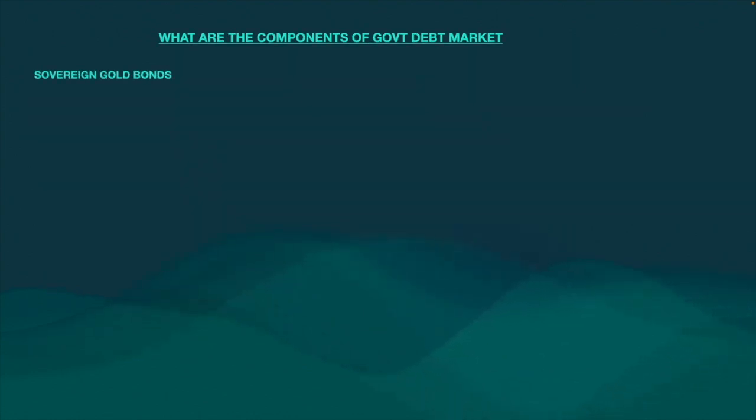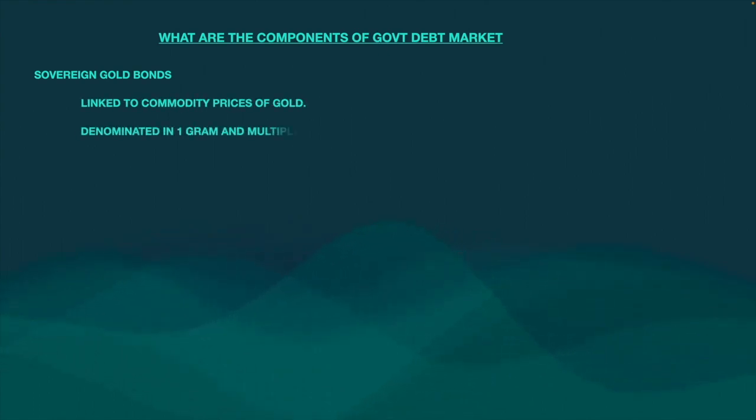Other than this, there are sovereign gold bonds, which each one of us knows nowadays. Sovereign gold bonds have been sold even on broker platforms like Zerodha, 5paisa, everywhere. And now a new sovereign gold bond is presently open. Sovereign gold bond is usually linked to the commodity price of gold. The denomination of the sovereign gold bond is 1 gram and multiples thereof, and they pay a fixed coupon per annum, biannually.